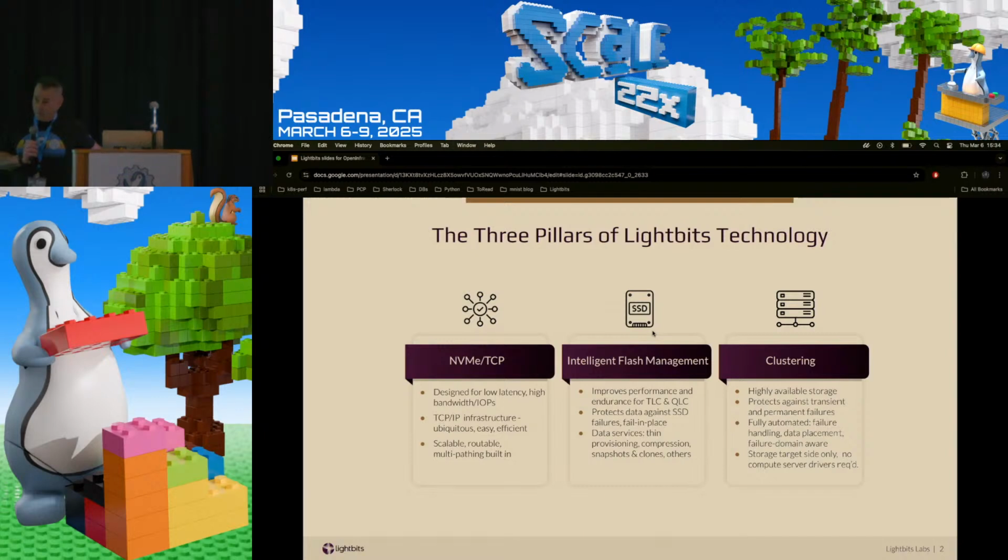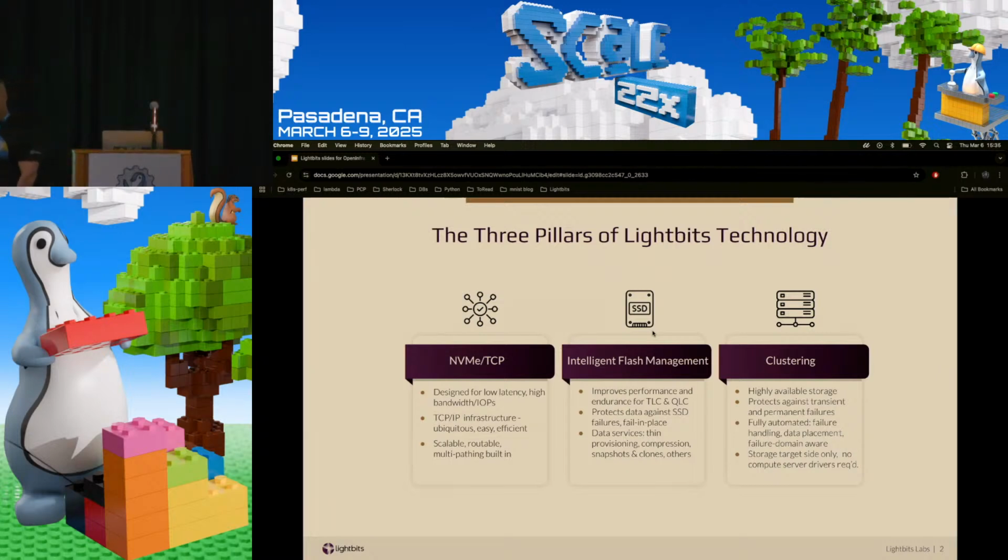The other part of our pillars is that we wrote our own flash translation layer, which exists on any of the targets that run our software. What it basically means is that we know how to utilize SSDs better, how to enhance their lifespan or life cycle, and how to make sure that when writes are occurring, they are only written into the right and best areas on the NAND devices.